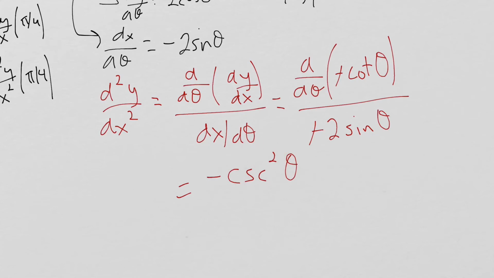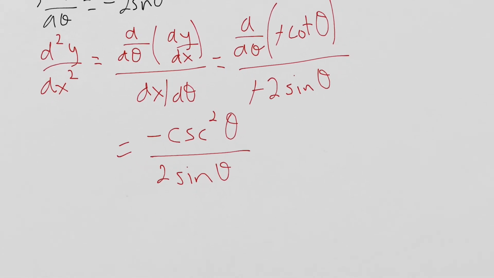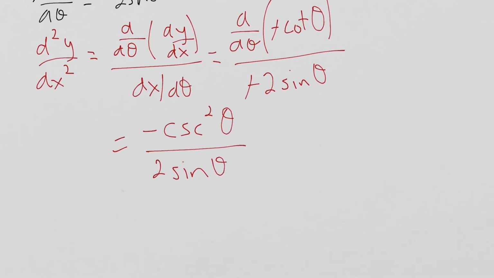And then I need to divide that by my 2 sine theta. Now, at this point, we want to simplify it before I try to evaluate it, because I'd rather keep it simple. In this case, I think that it's easiest to write things in terms of sines and cosines only. Cosecant is 1 over sine theta.